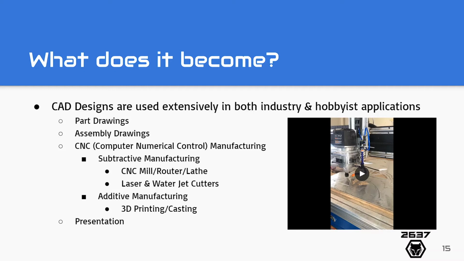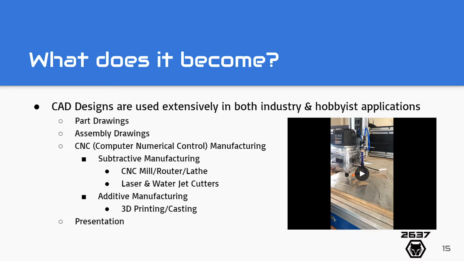There's two types, subtractive manufacturing and additive manufacturing. So subtractive manufacturing are usually mills, routers, lathes, laser cutters, and water jet cutters. So you will be provided with some stock, so a sheet of aluminum, a chunk of wood, etc., and the machine will cut away at the material to produce what you want.